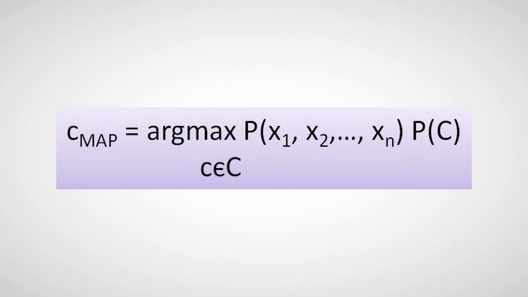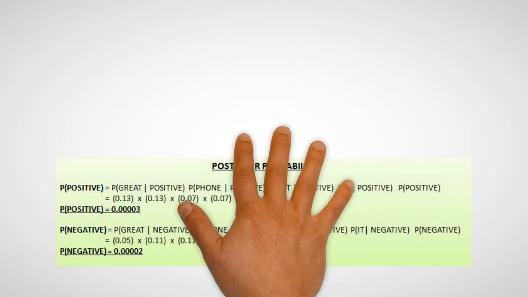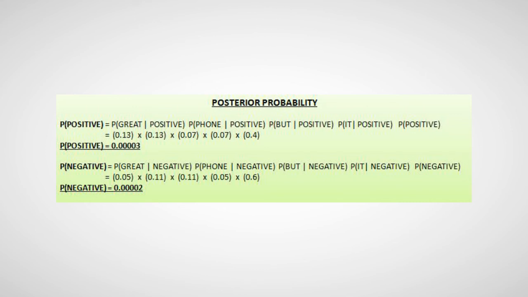P of C is the prior probability of the class. Posterior probability of positive is 0.00003. And for negative is 0.00002.